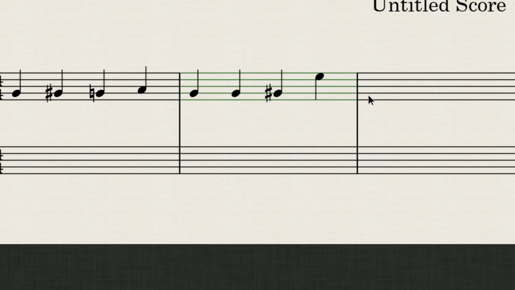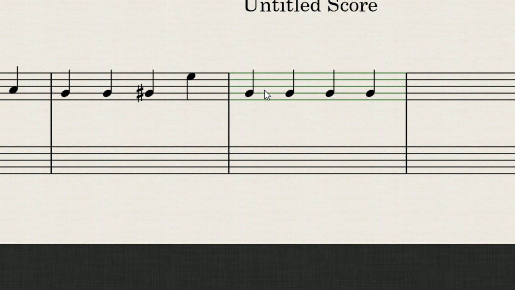Flats work the exact same way. You got 4 G's again. The first one is a G flat. Therefore, now they're all G flats. What if you move this one to D? Is this a D flat? No, it needs a flat on it because it only affects those to the right of it within the same measure. So if you wanted that regular G, you would bring it there.